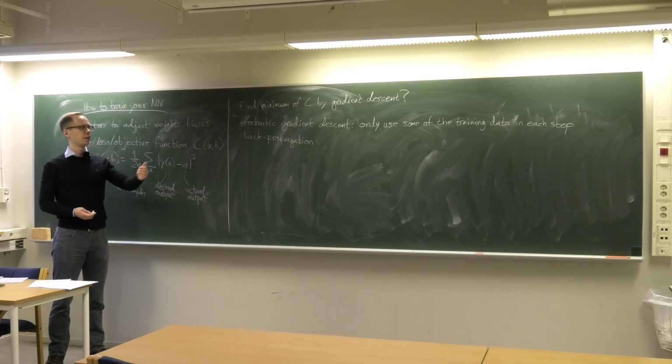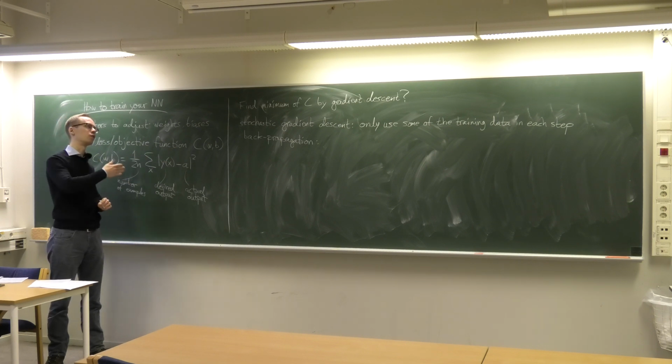Then you start at the output and propagate back through the network, and you can sequentially extract all the partial derivatives with respect to each and every one of these weights and biases in just one go.